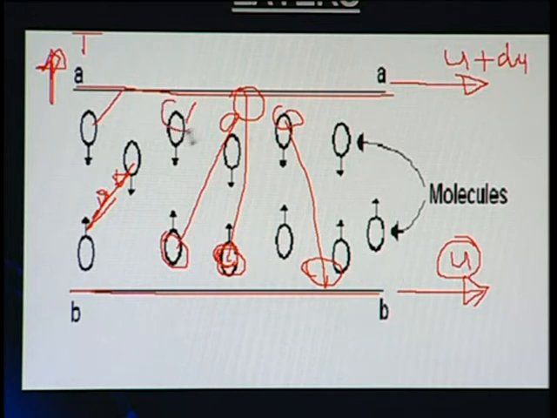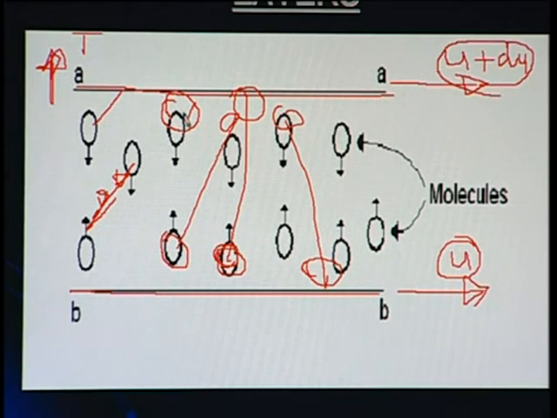Similarly, if a molecule which is situated here has momentum equal to mass multiplied by velocity, where velocity is equal to u plus du, it is having more momentum when this molecule moves from the top level to the bottom level, which is BB. Then in this process momentum is exchanged, and because of that the force is also applied.